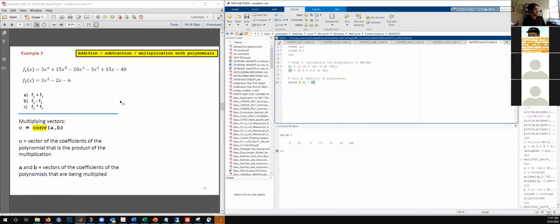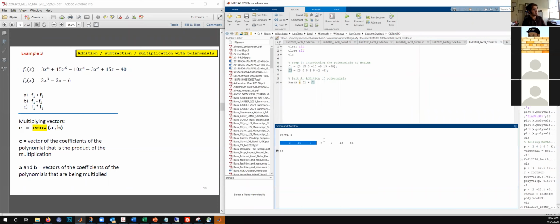So now you get the addition, but it doesn't really give you a polynomial form addition. It just gives you the cofactors of that sum. So for example, here we had negative 10x cubed and 3x cubed. So the sum should have a negative 7x cubed. So that's this term over here.